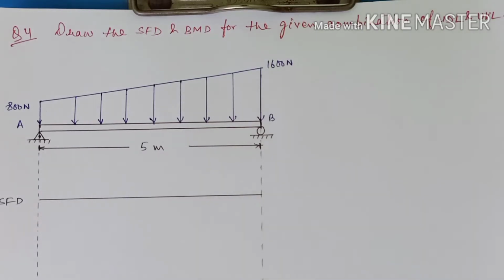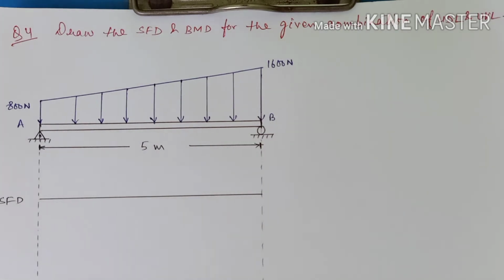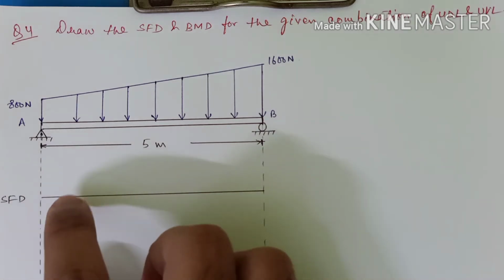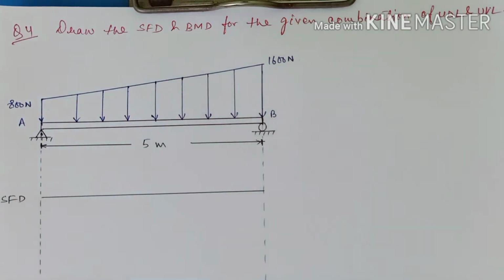So in this video, let us try to solve this particular question on this combination of UDL and UVL. In my previous video, you have seen how to draw the shear force diagram and the bending moment diagram in case of UDL and also in case of a UVL. In case of UVL, we have seen that the value of load is gradually increasing from 0, right?